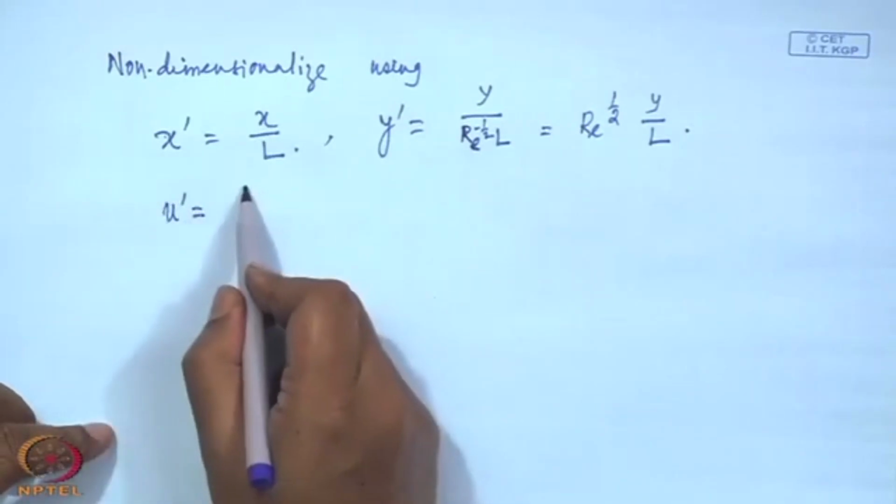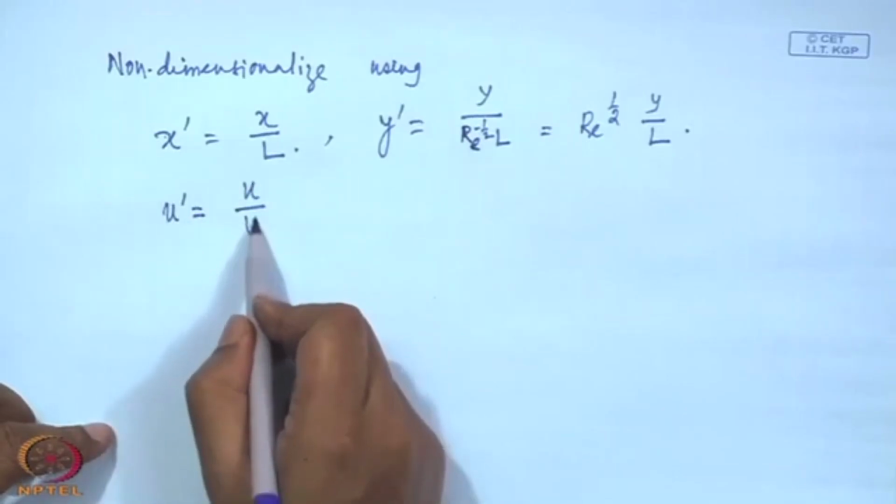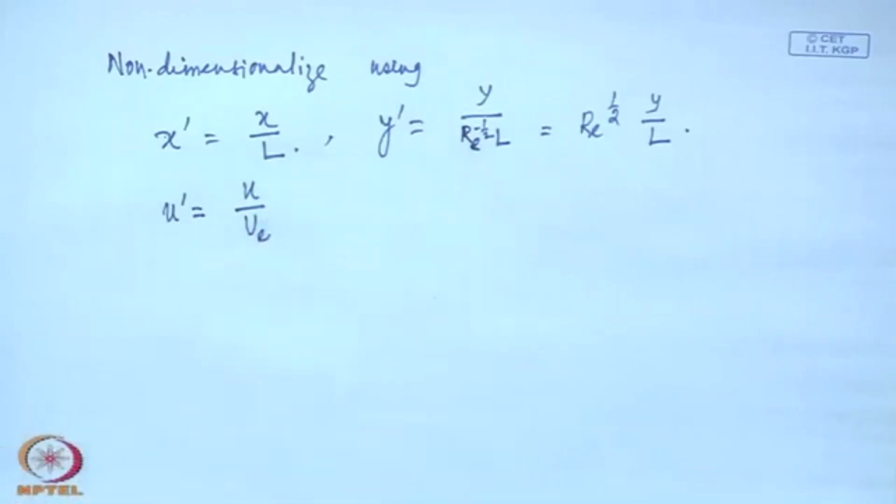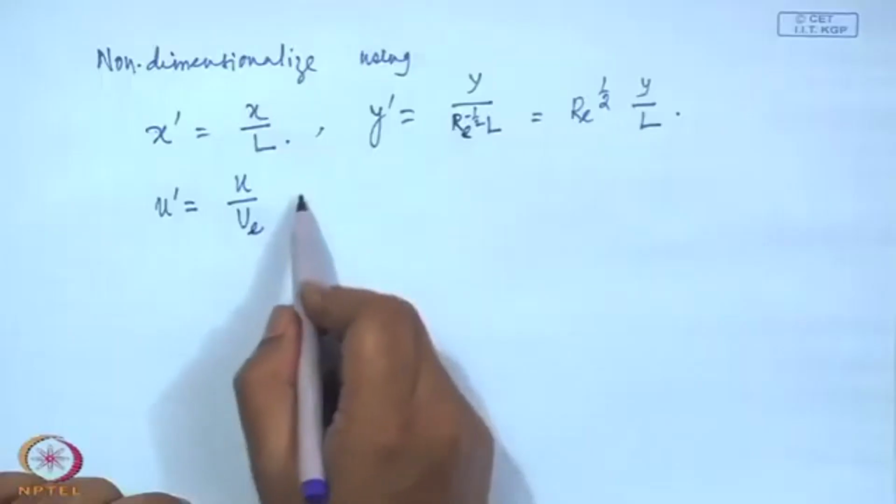U bar we will make u by u e, where, as before, any parameter with subscript e means that it is the value at the edge of the boundary layer, or the inviscid flow solution.